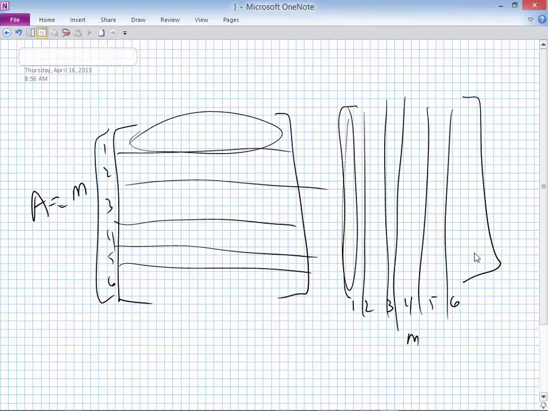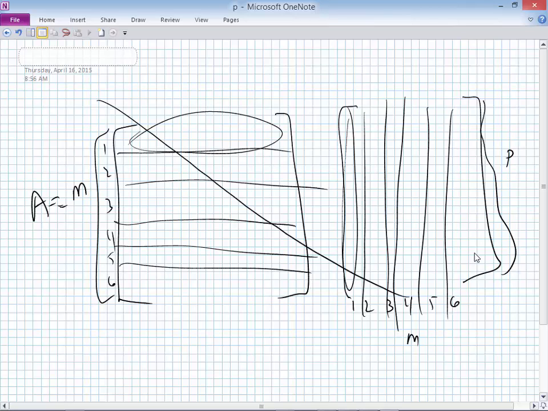Now what we're going to end up with is a matrix, and we're going to say that this has P rows right here. And this one has some other number of rows, but again, I got this wrong. I got this reversed here. Actually, the number of columns has to equal the number of rows. So I'll scratch that entire thing.